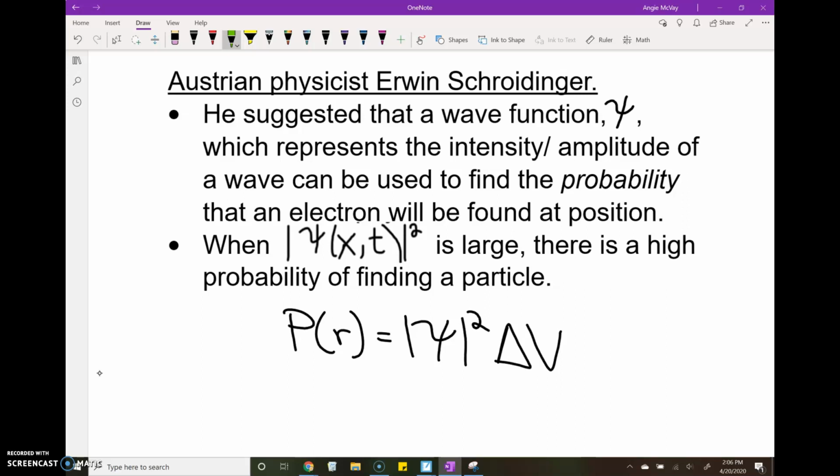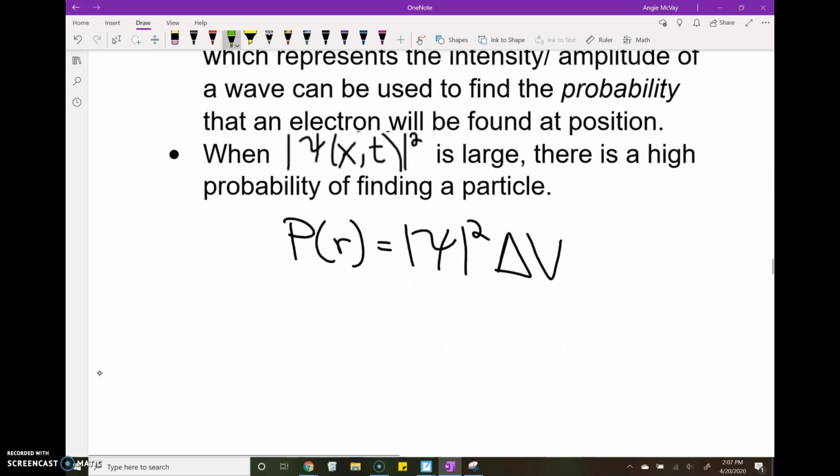So if you take that probability density based on the electron's position and time, take the absolute value, square it, and multiply it by the region in which it could exist, you get the probability of finding that particle. Again, this is the probability density, and this is the region in which you're looking for that particle, and then you get that probability.